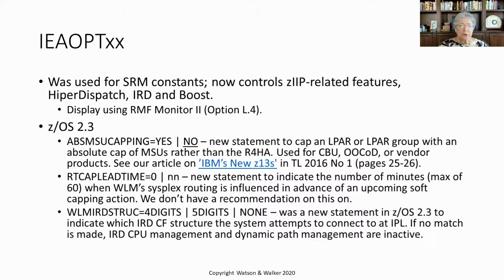It now controls zIIP, HiperDispatch, IRD, BOOST. It has a lot of new things in it. In 2.3, there wasn't a lot where you need to change anything. So we'll go on to the next slide.